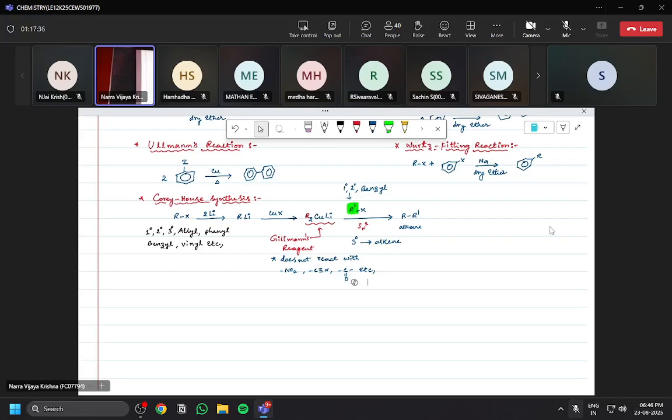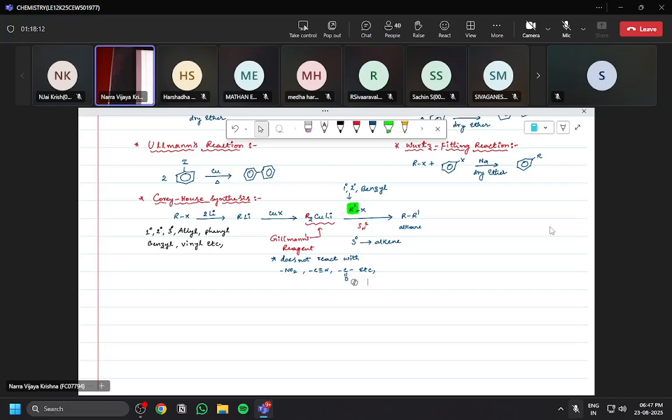R configuration, S configuration, dextrorotatory, levorotatory, CIP rules, whether it is clockwise or anticlockwise, enantiomers, diastereomers, all these points are already over. Then directly page number 88, SN2 mechanism, 89 SN1 mechanism, 90 NGP, neighboring group participation.